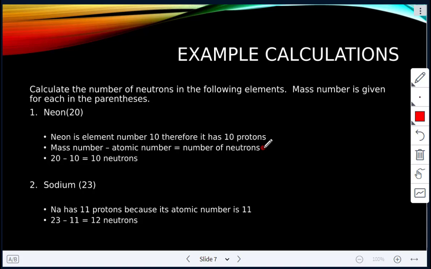Now we subtract mass number minus atomic number: 20 minus 10, which is 10 neutrons. If we were doing sodium, sodium has a mass number of 23, and it is number 11 in the periodic table, so it has 11 protons. When we subtract 23 minus 11, that gives us 12 neutrons.